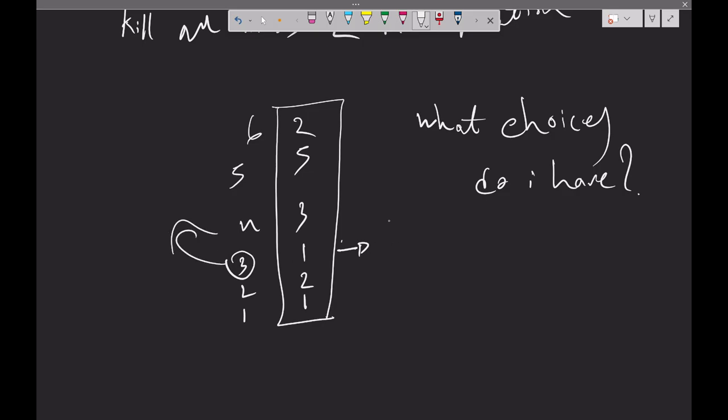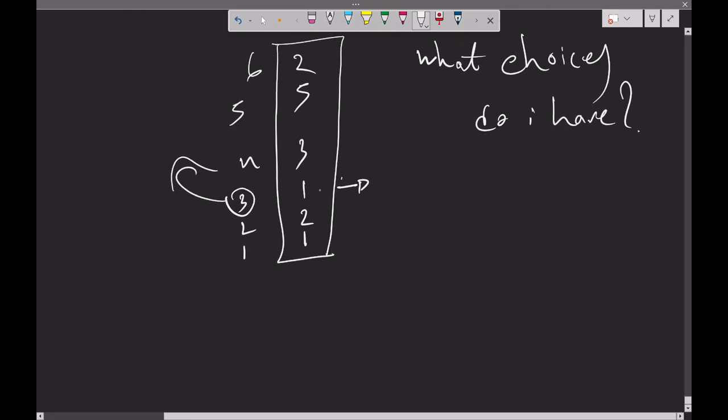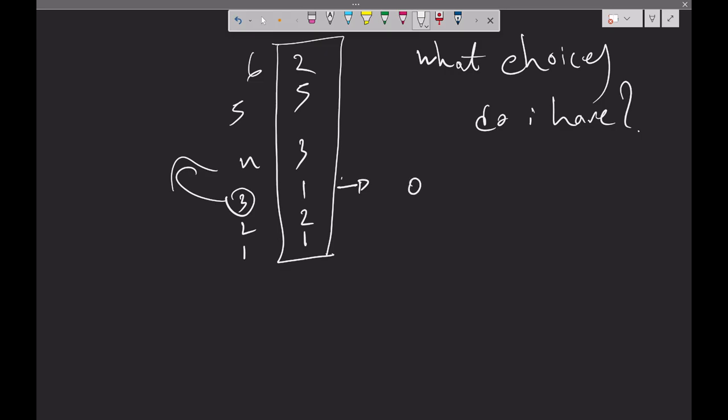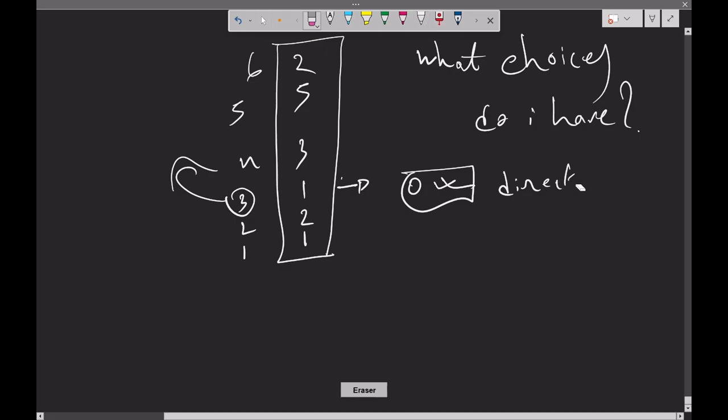One way is that I can directly kill this mob, so then the health of this mob will become 0. That is a direct kill. What is another way? Another way is that I can kill the mob below it.